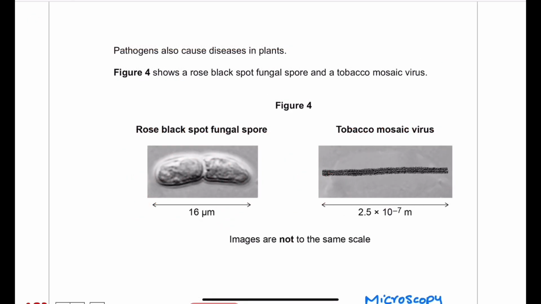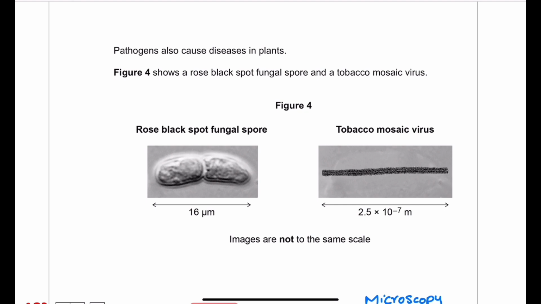Pathogens also cause diseases in plants. Figure number 4 shows a rose black spot fungal spore and a tobacco mosaic virus. In figure number 4, the rose black spot fungal spore is 16 micrometres, whereas the size of the tobacco mosaic virus is given as 2.5 × 10^-7 metres.